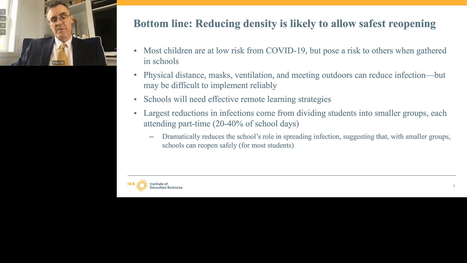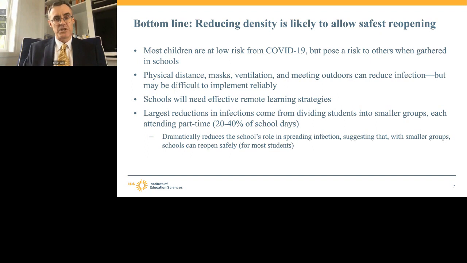More specifically, as many of you probably know, the evidence review found that most children are at relatively low risk from COVID-19 themselves, but they may pose a risk to others when you gather them all together in schools. We also found that there's good evidence that mitigation strategies like physical distance, like masks, like improving ventilation, even meeting outdoors, all of those sorts of things can reduce the spread of infection.